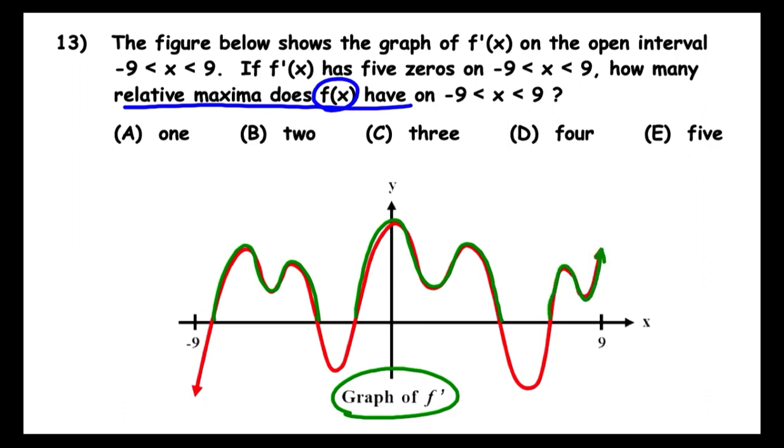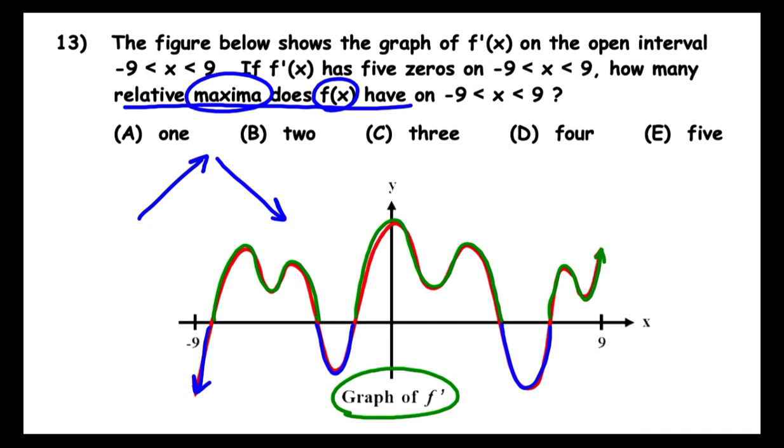So the original graph, it's not shown, but if it was, it would be rising during that period of time, and it would be falling where you see all this blue, because the derivative is negative there. If you want a relative max, you want the derivative to have gone from positive to negative. Or in this case, in our picture, you want the graph to go from green to blue.